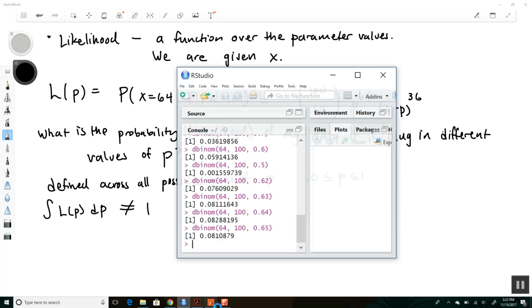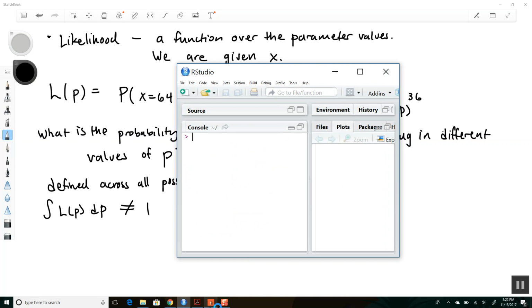Okay, the original, earlier on we said, what's the probability I get 64 successes if I do 100 trials and p is equal to 0.7? And if we do that, we say the probability of getting 64 successes is 0.03619.